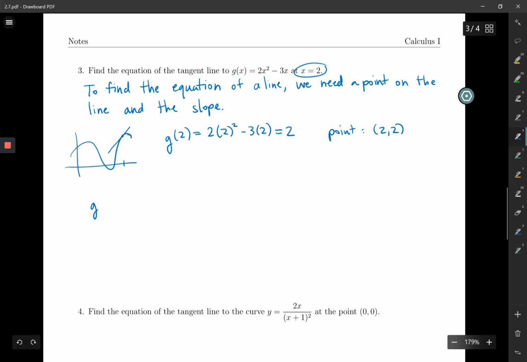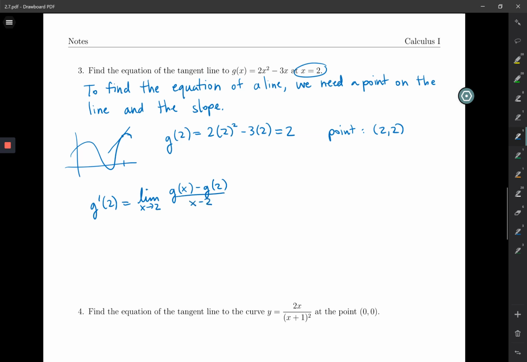Okay, so now we want to find the slope of the tangent line at 2, and that is equal to g prime of 2, okay? And so we set up our limit, right? So I'm going to do the one where we take x approaching that number 2, and then this will be g of x minus g of 2 over x minus 2, right?